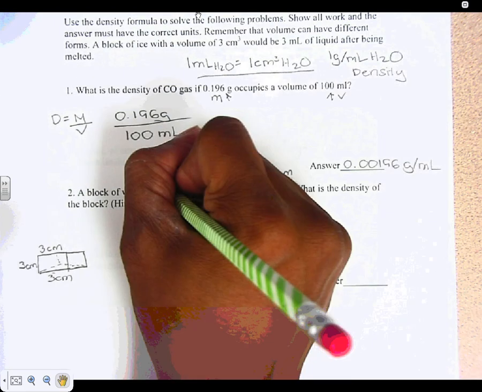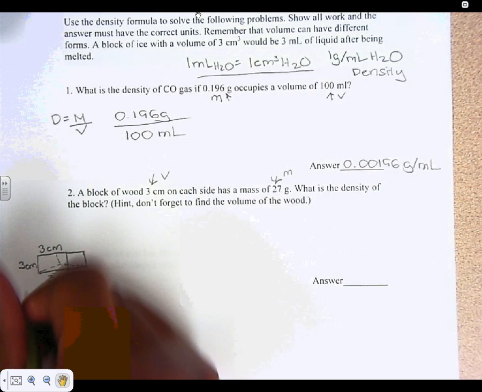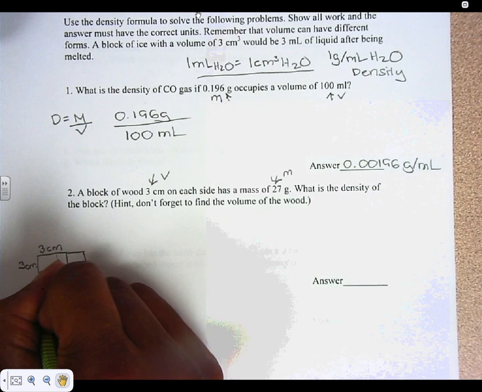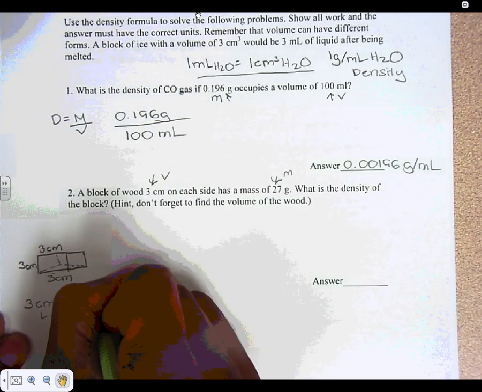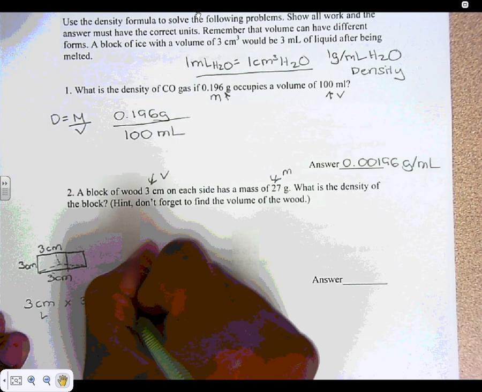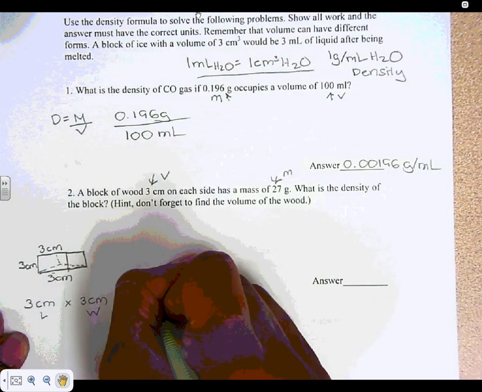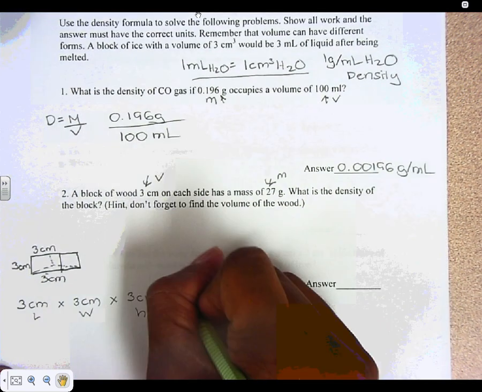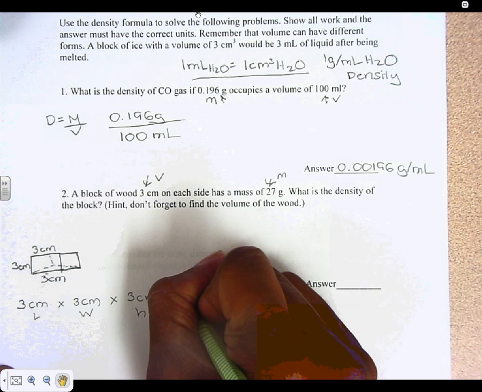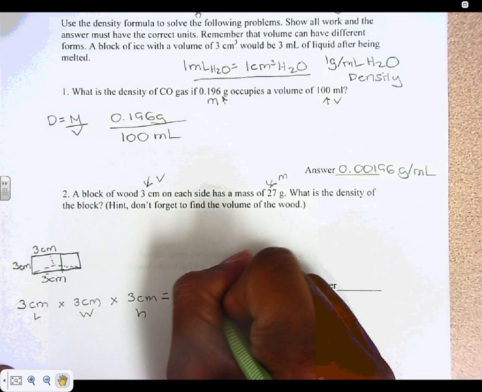This is going to help us solve for our volume. If we know that a three-dimensional object has 3 centimeters for its length, 3 centimeters for its width, and 3 centimeters for its height, we can multiply all of those together to get a total of 27 centimeters cubed.